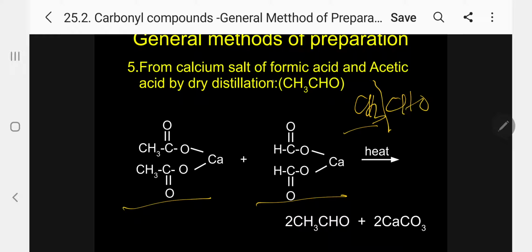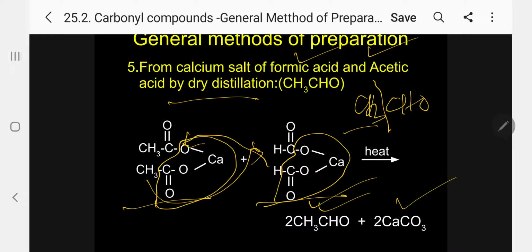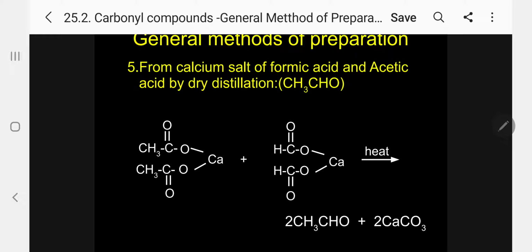From the calcium salts of formic acid and acetic acid, by dry distillation, I can get 2 moles of acetaldehyde and calcium carbonate. What will happen now? This H will go here, this CH3 will go here. 2 moles of acetaldehyde, 2 moles of calcium carbonate. So this is the unsymmetrical mixture of 2.